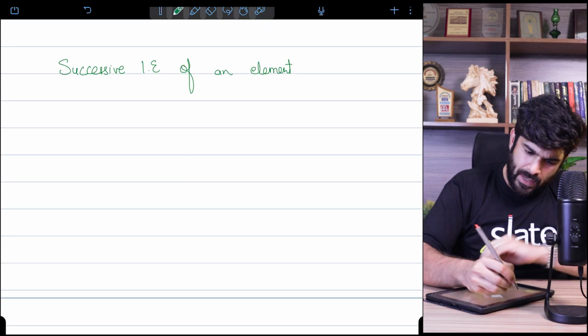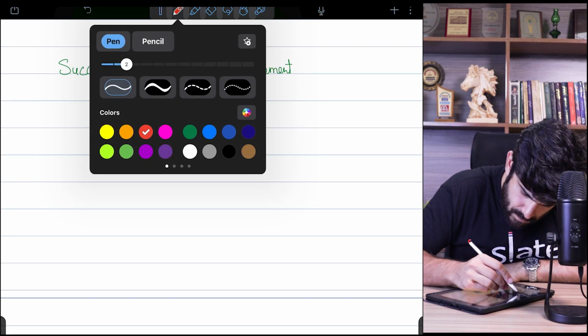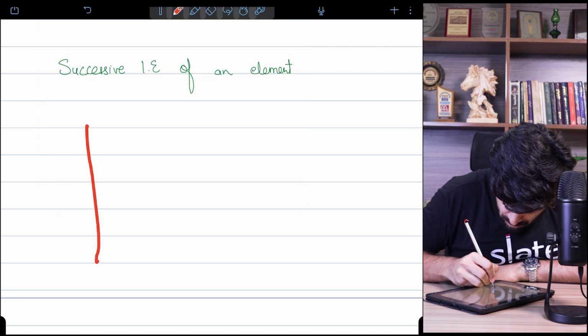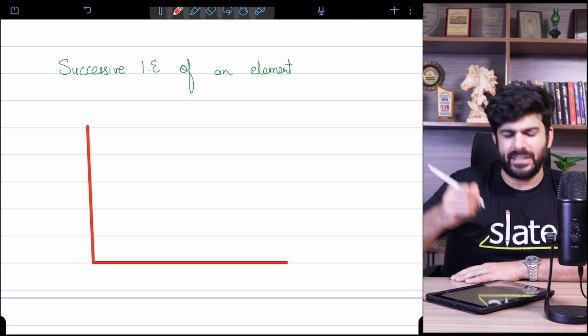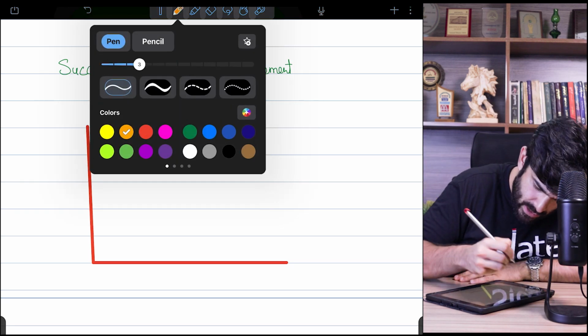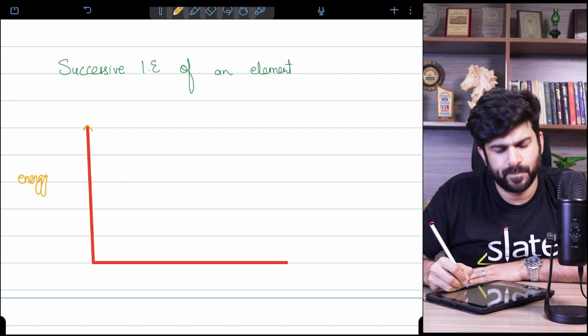For example, let me draw the graph myself. In the exam, you're going to get such a graph. Here we have energy on y-axis, which is increasing.